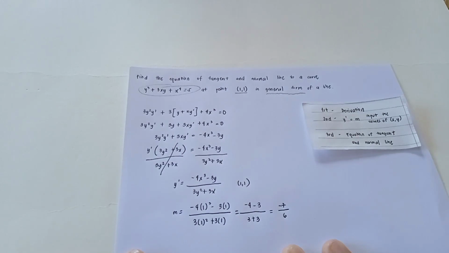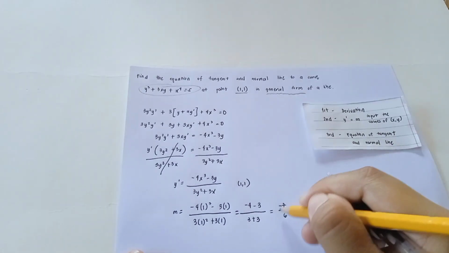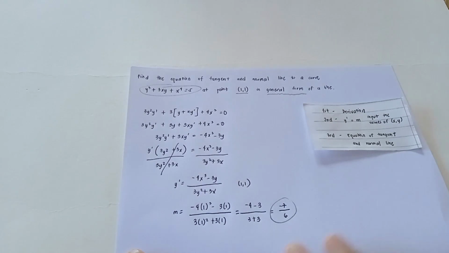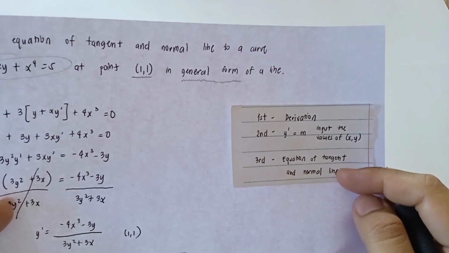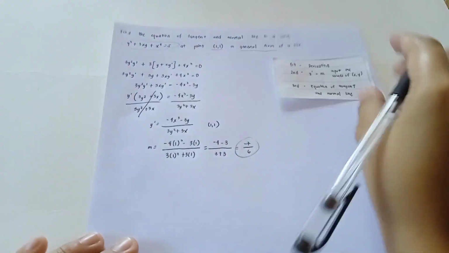Negative 7 over 6 is our slope. Now that we have our slope, we can proceed to our third step, which is to do the equation.